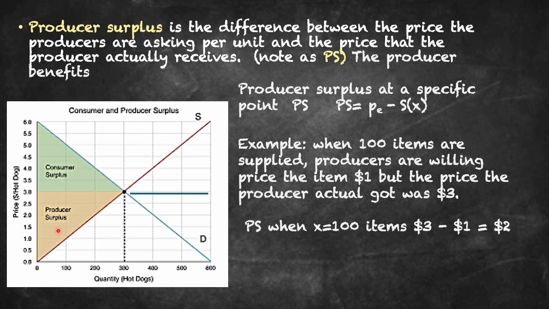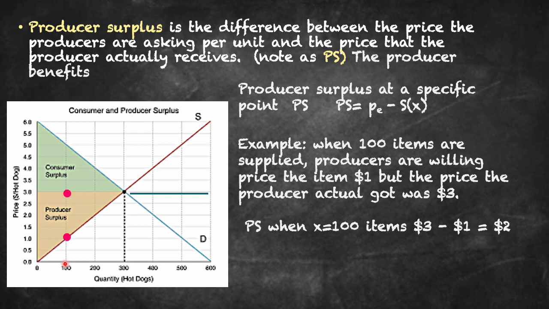So if we wanted to find specifically at x equals 100, let's try that again. At x equals 100, this is going to be the price that the customer actually pays. This line right here tells us the market price. So at 100, the customer is actually paying $3.